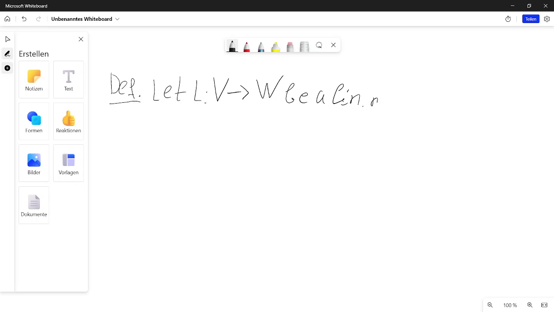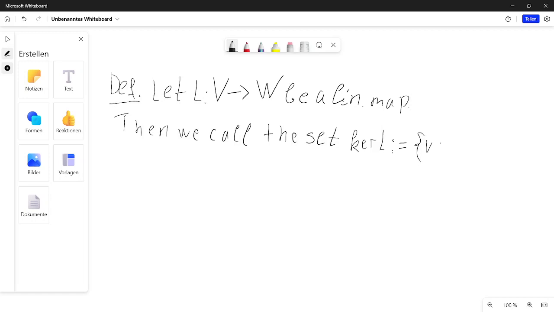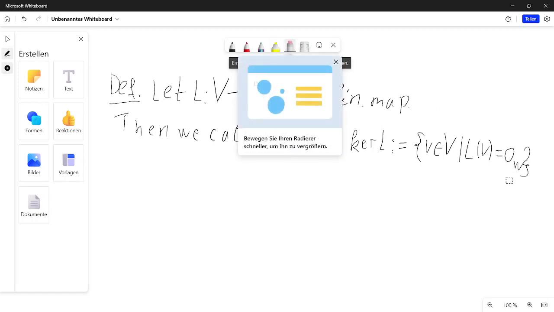Then we call this set the kernel of L. And this is the set of all vectors in V that are mapped by L to the vector 0 in W. So that is actually the 0 in W, but we'll omit this because it's clear from the context which 0 we mean, right?